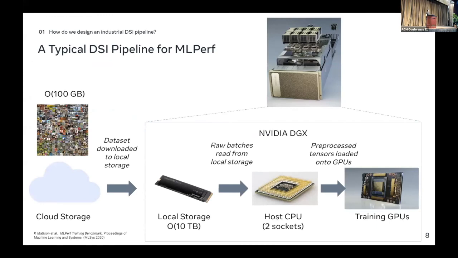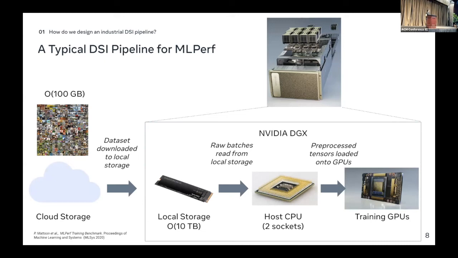Let's start by looking at what some of you might be familiar with in cases like MLPerf, where we start with a static data set, like the Criteo data set or ImageNet, stored in the cloud. Then we might use something like an NVIDIA DGX machine to train the model.